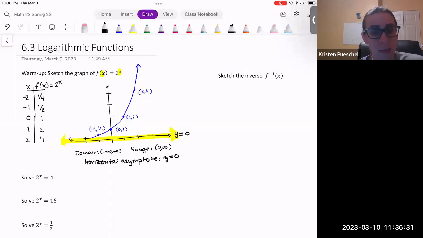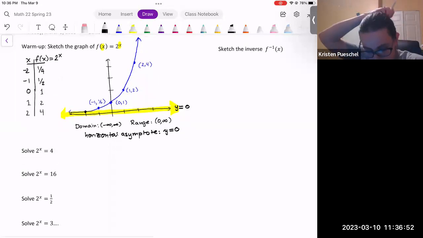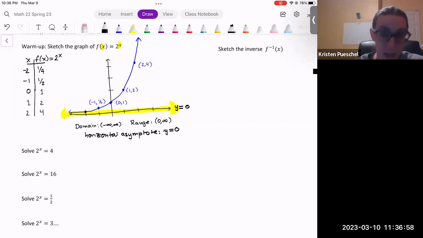Okay, we see that this function is increasing, and it's invertible, right? For any y value, if we draw a horizontal line across, we will intersect our graph in either 0 places or 1 place. And so we're able to read off from our graph, given a y value, that x value that it came from.